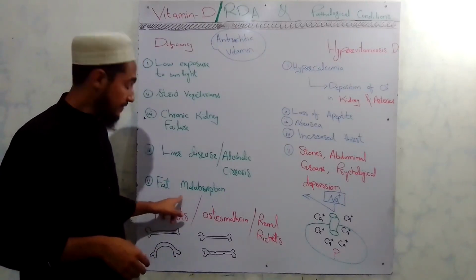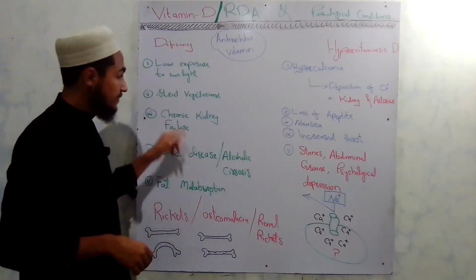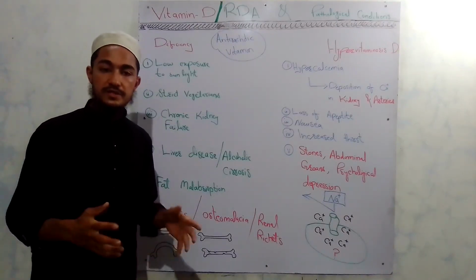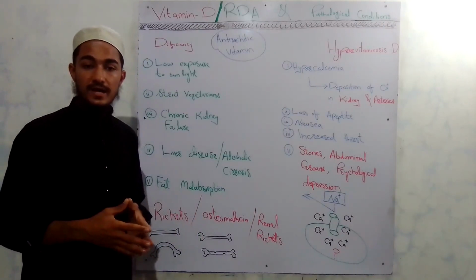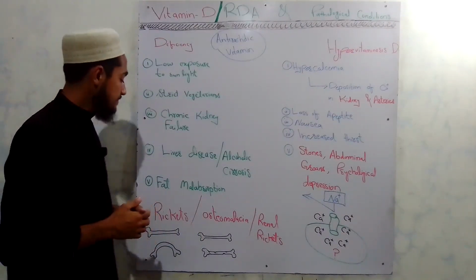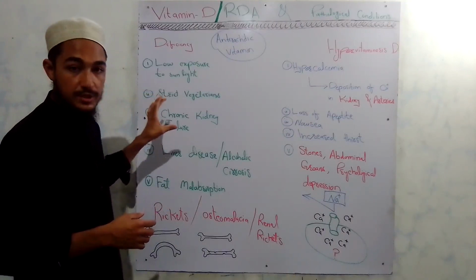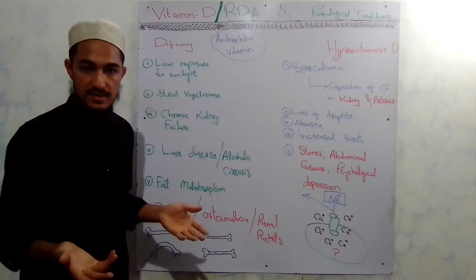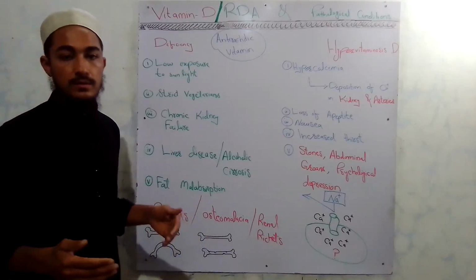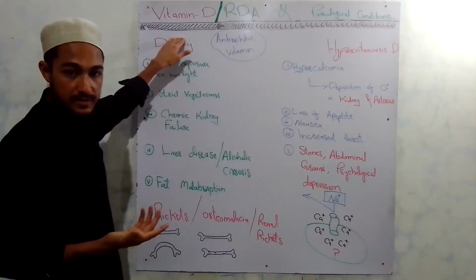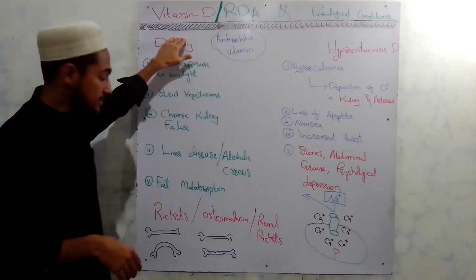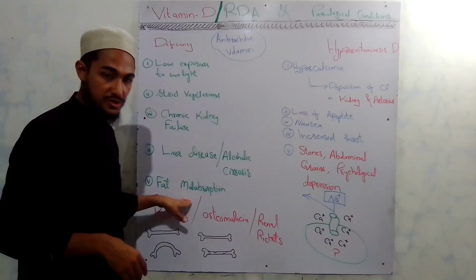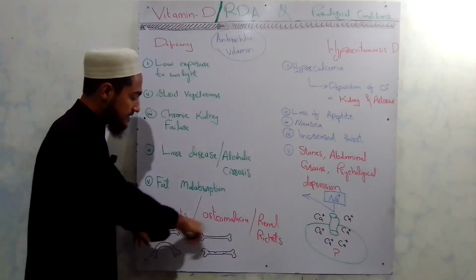And fat malabsorption. As you know, vitamin D is a fat soluble vitamin, so when you have a defect in the biliary tract, meaning your bile is not secreted well, then your vitamin D will not be absorbed well, as bile helps in the absorption and metabolism of fat and fat soluble compounds. So when you have a defect in your biliary system or fat malabsorption, you will also develop these conditions.